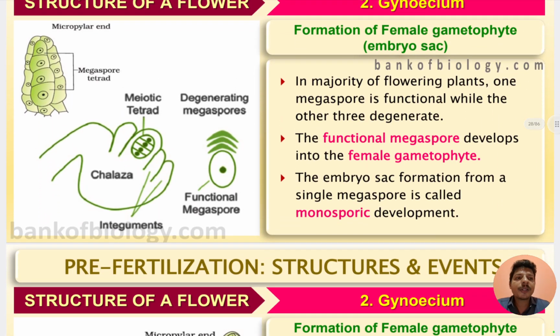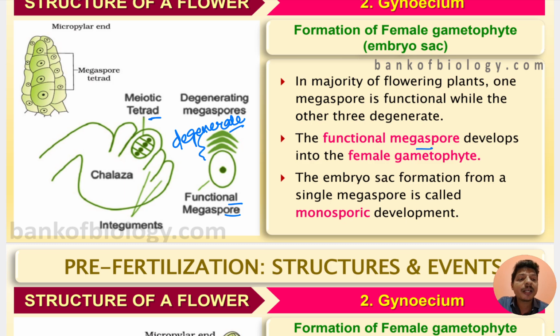Next, formation of the female gametophyte or embryo sac. In the majority of flowering plants, one megaspore is functional while the other 3 degenerate. Remember, out of the tetrad, one will be functional and the other 3 degenerate.